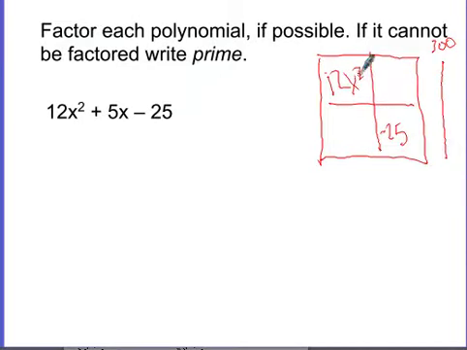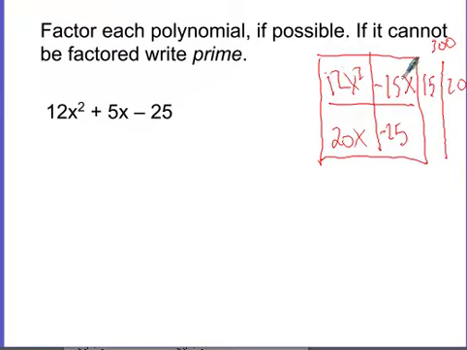So what's 15 times 20? That would be 300. Those are the two factors we want, 15 and 20. So we need a minus 15x and a plus 20x.